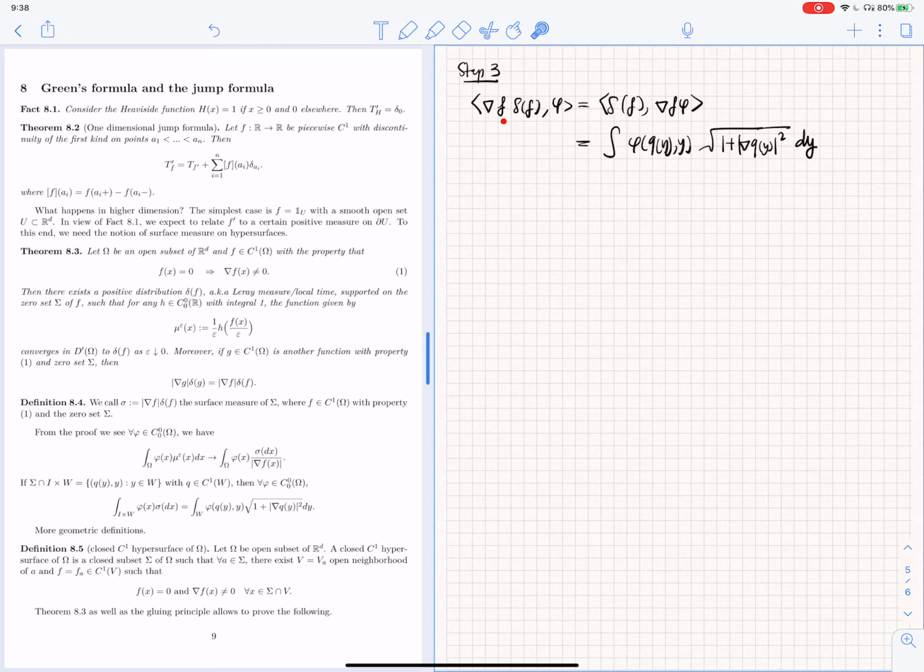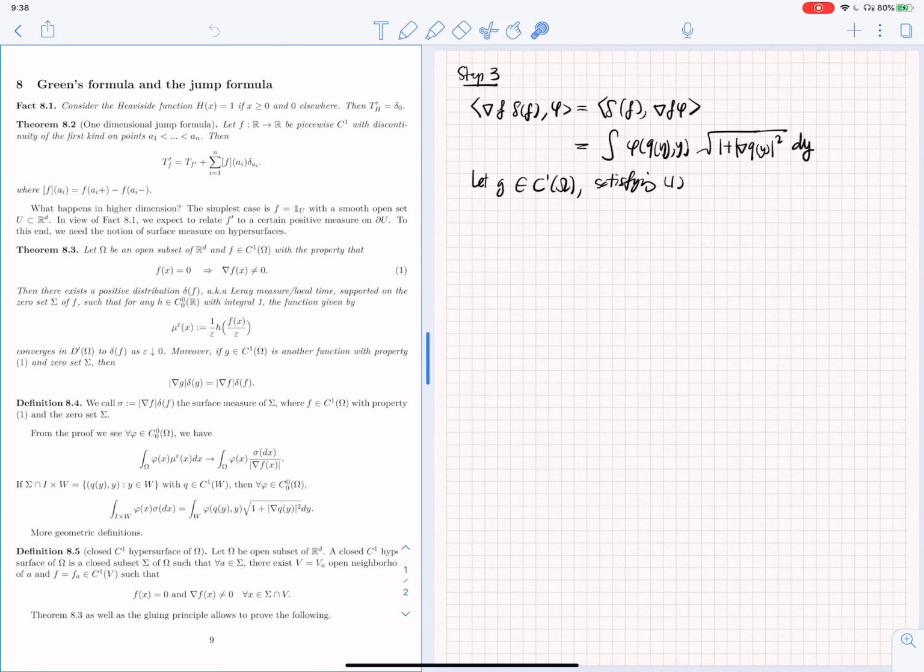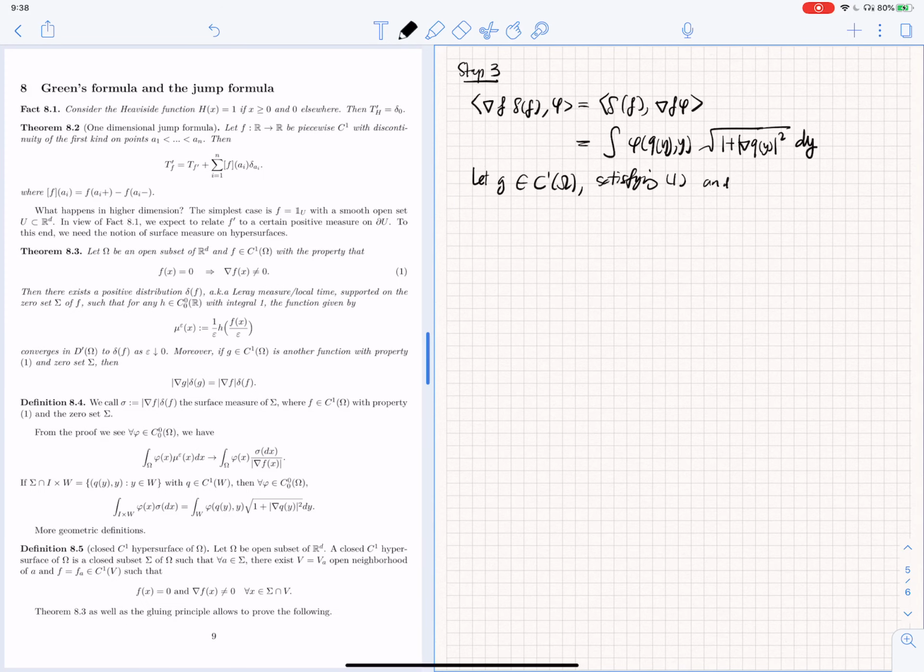It depends only on this function q, and q is intrinsically related to the hypersurface, which is the zero set of the function f. If we have another function g, so let g be C1 on omega satisfying the condition 1 that we have in here. It does not vanish on the zero sets, and the set of x where g of x is 0, the zero set, coincides with that of f.